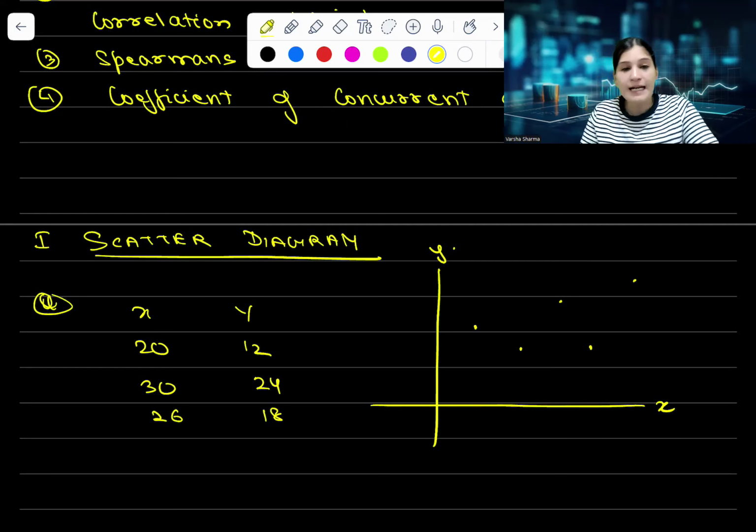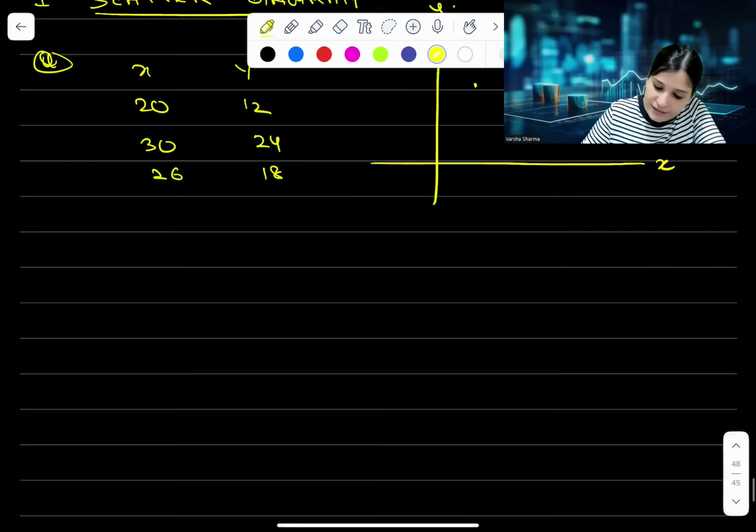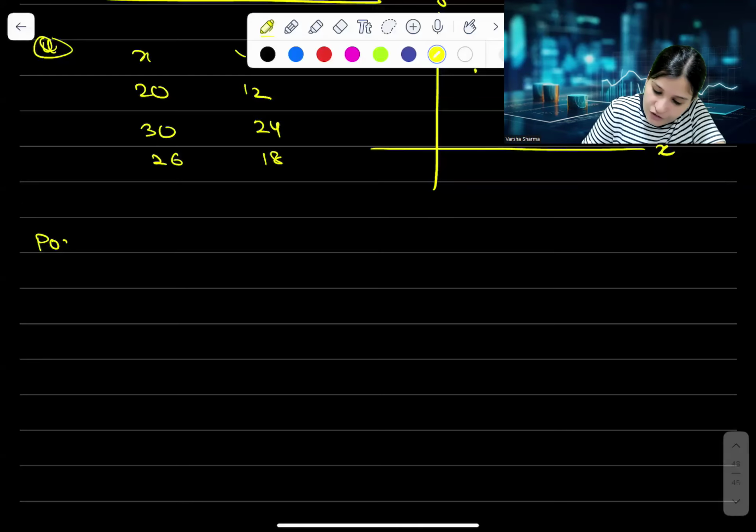In a scatter diagram, x comma y are plotted in the Cartesian plane, and the way the dots are arranged will tell us what the correlation between the two variables is like. First is positive correlation.